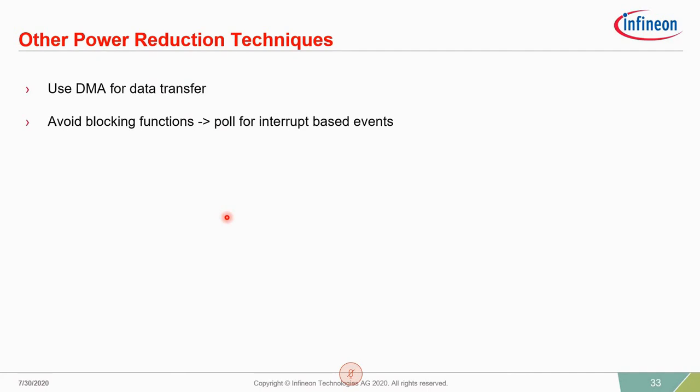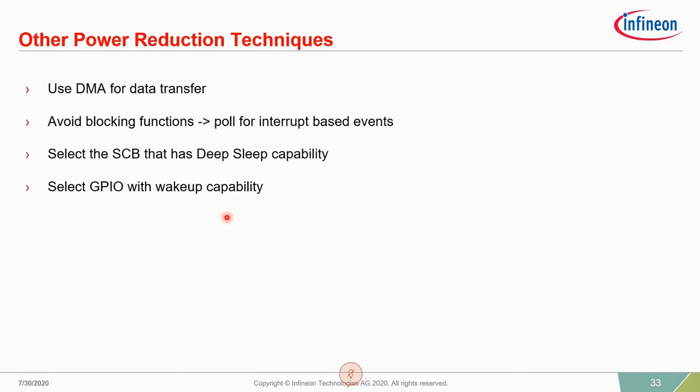Now, if your application is using SCBs or GPIOs, before even starting the application development, it is better to consider SCBs that have deep sleep capability and GPIOs with wake up capability, so that later in the application planning process, we can decide if we want to use low power modes or not. The final point is to set appropriate regulator and core voltage.